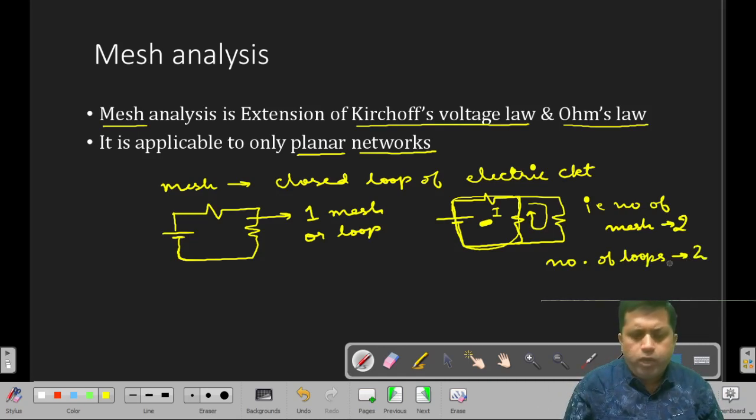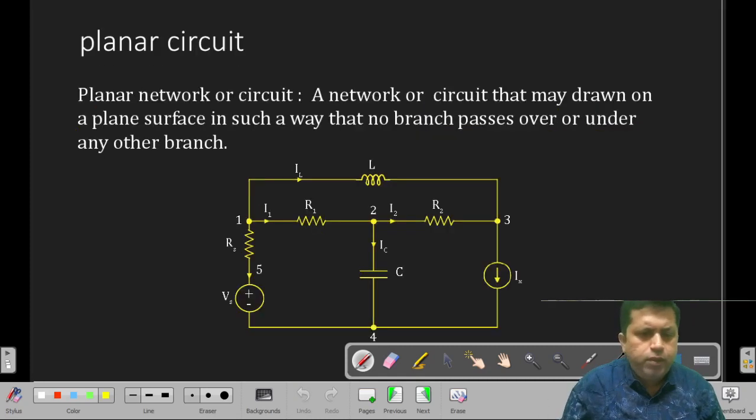Now let us see what a planar network is. Consider this network. You can see that this AC network has been drawn without any overlap, or any branches passing over or under any other branch.